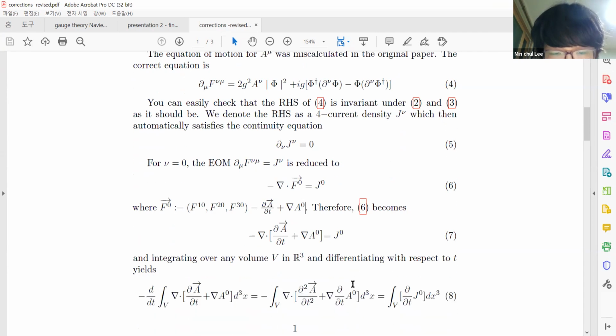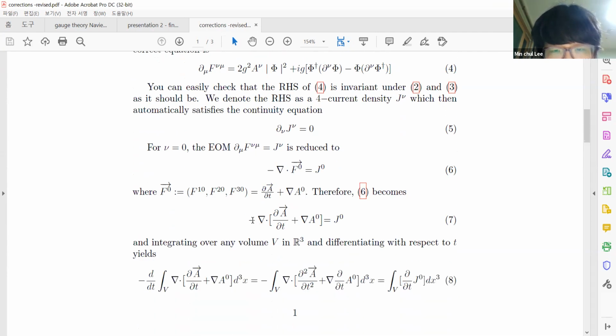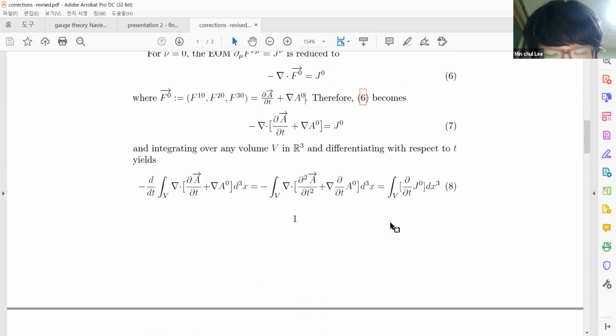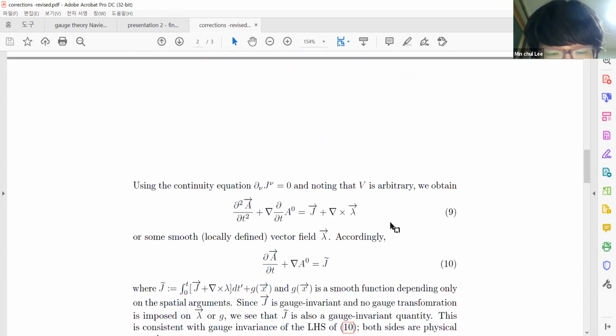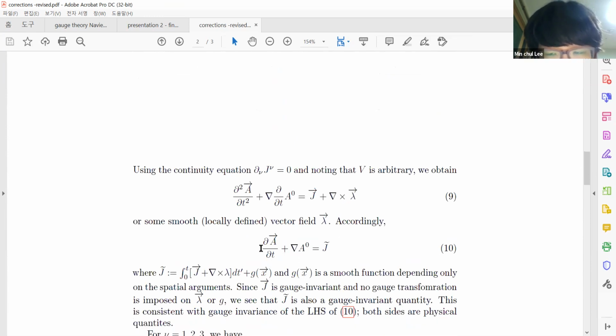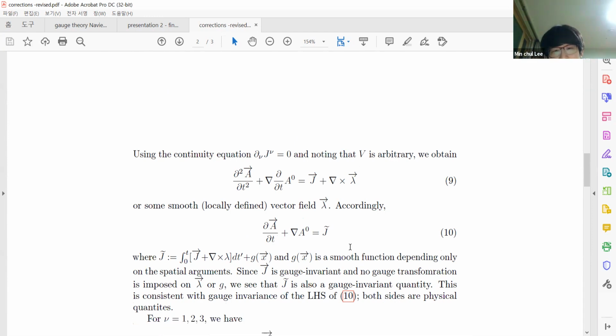So we obtain formula 7, and it is just a matter of calculations. After all manipulations, we obtain formula 10, where J tilde is just some messy function that is to be interpreted as the external source for the fluid.